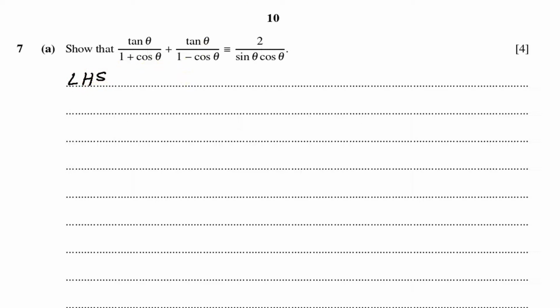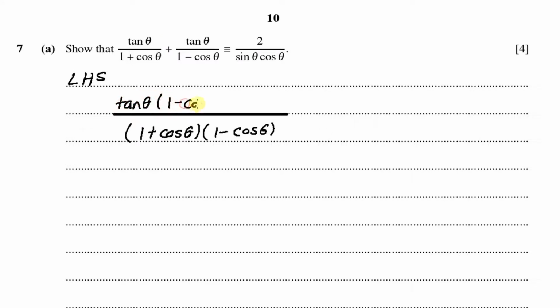And I'll find the common denominator, which is 1 plus cos theta bracket 1 minus cos theta. And I'll multiply this 2, so that's tan theta bracket 1 minus cos theta. And this 2 will give me plus tan theta bracket 1 plus cos theta.